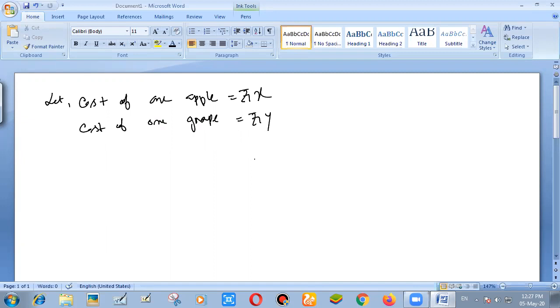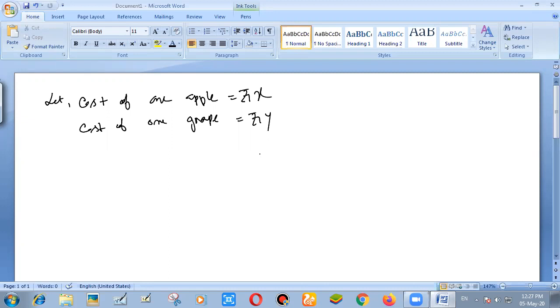Then what will be the first equation? Now see, the cost of 2 kg apples and 1 kg grapes on a day was found to be rupees 160. So what will be the first equation? Tell me, what will be the first equation?